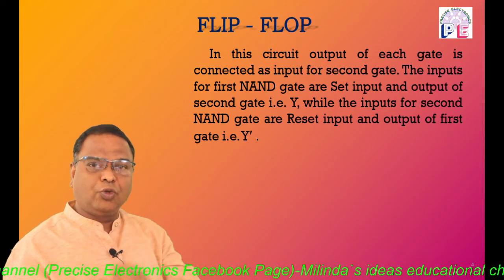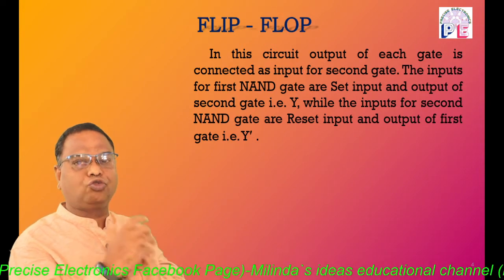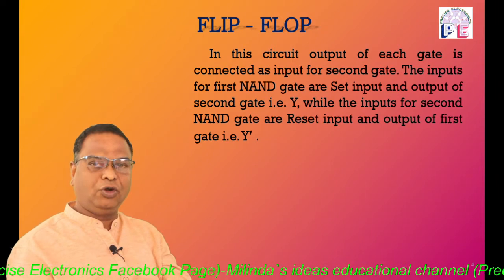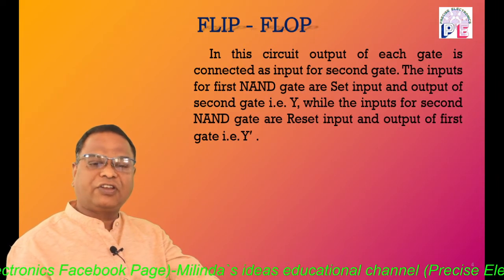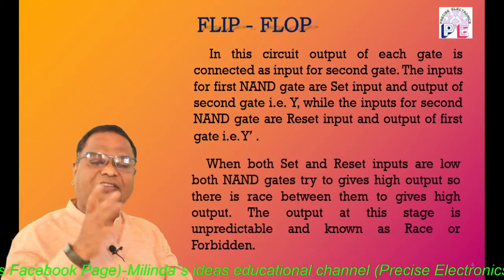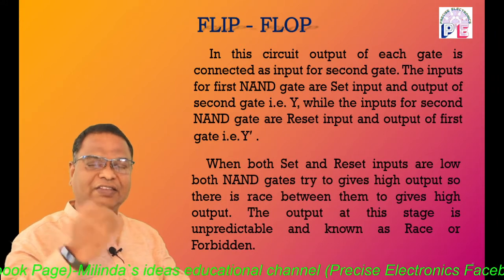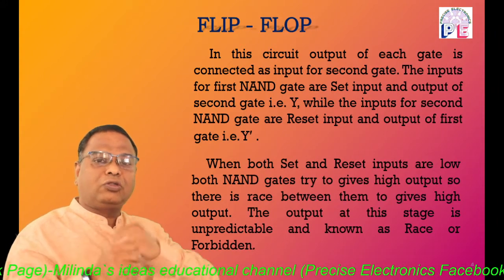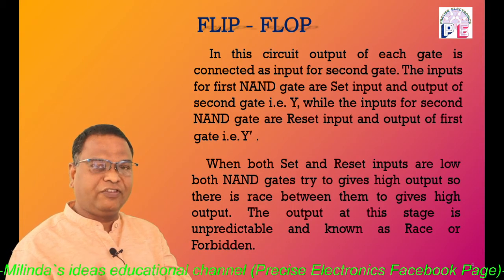Now we are moving toward the working, how this RS flip-flop by using NAND gate is used to store the bits, how it goes into set mode and reset mode. So friends, the first condition, what is the first state? That is when both set and reset inputs are low. When both set and reset inputs are low, both NAND gates try to give high output, because what is the definition of a NAND gate?